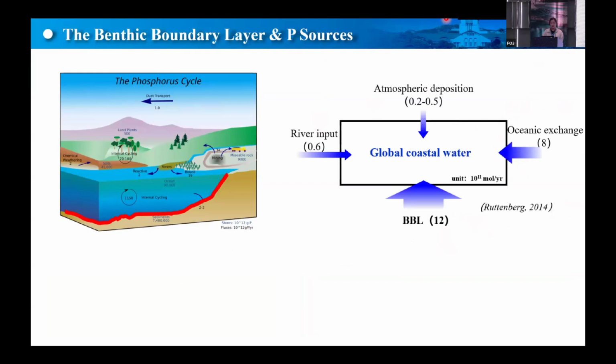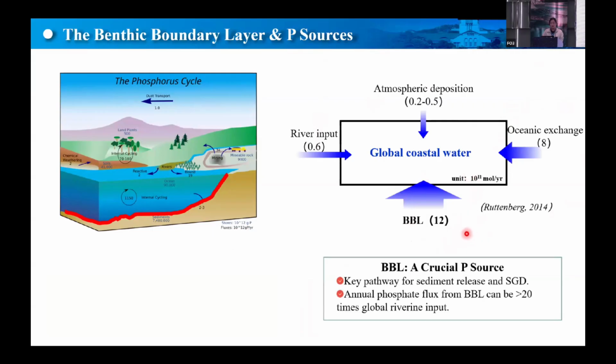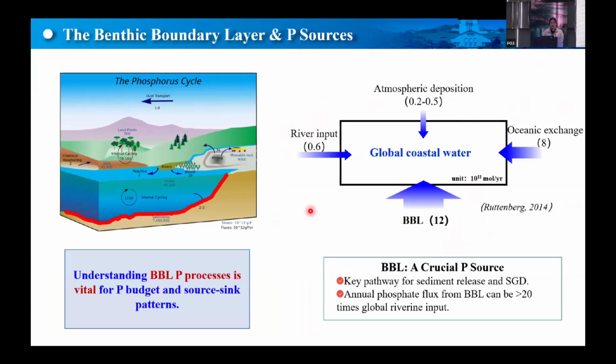From the figure, we can see the benthic boundary layer is the largest source of phosphorus of global coastal water, which is 20 fold that of river input. Therefore, the benthic boundary layer is very important for the oceanic phosphorus cycling and budget.